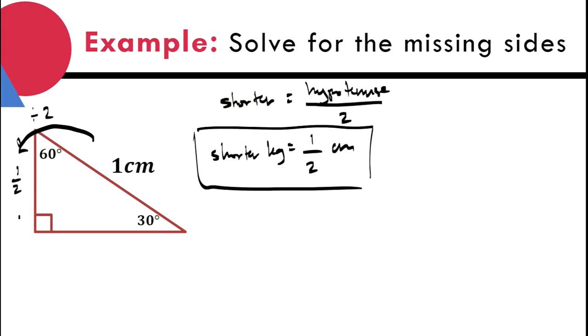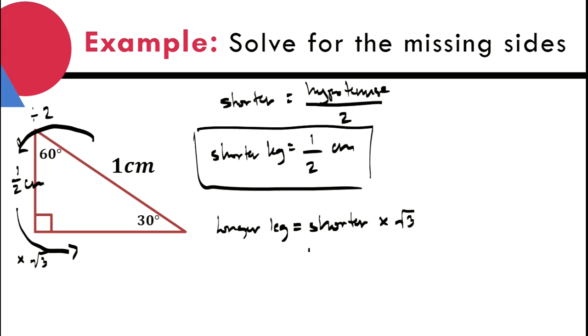And then from the shorter leg, to get the longer leg, multiply it by square root of 3. So longer leg is equal to shorter leg times square root of 3. Shorter leg is 1/2 times square root of 3.